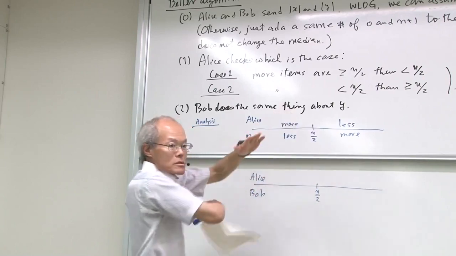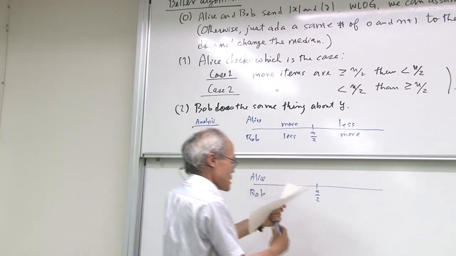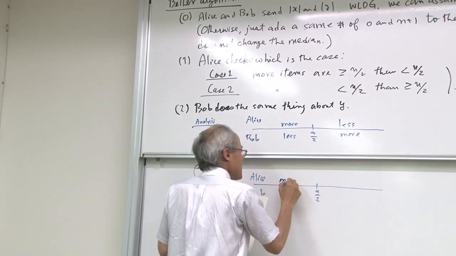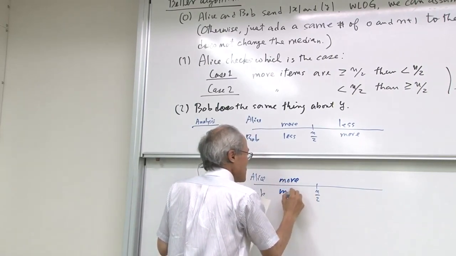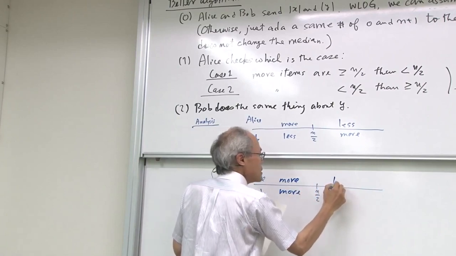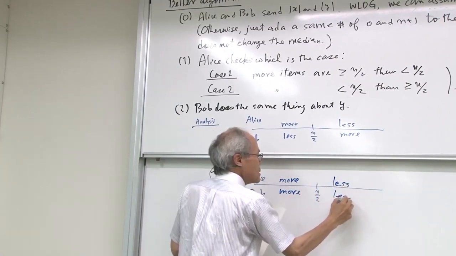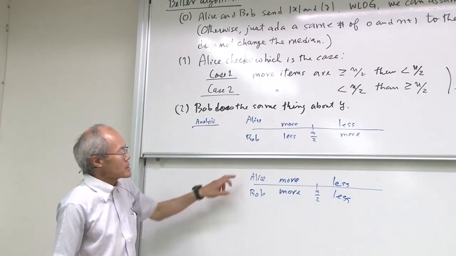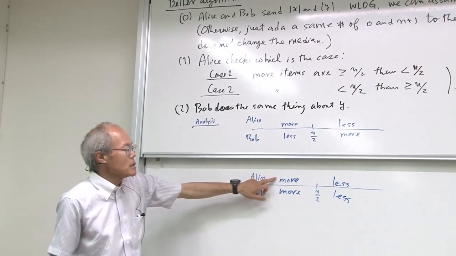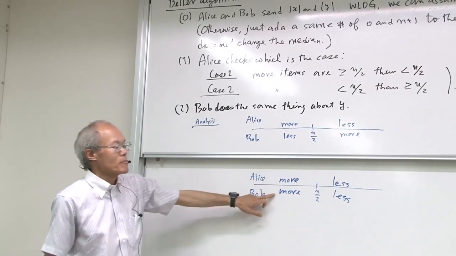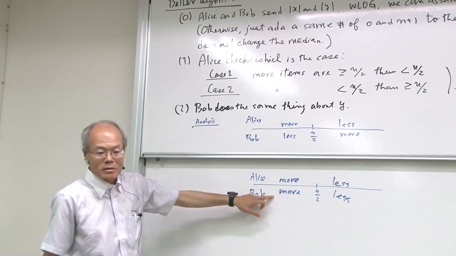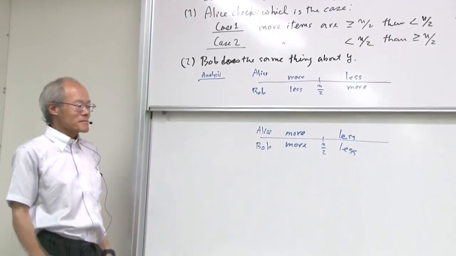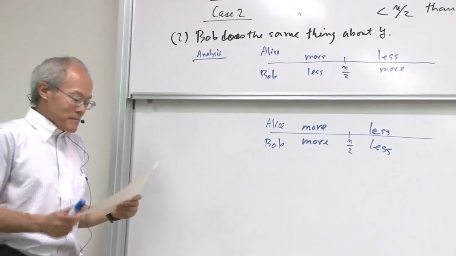So this is just cross, and this is kind of parallel. So this is the second case, the second possibility. But Alice has more numbers here, and Bob has also more numbers here. This is the same side, or parallel, not cross.